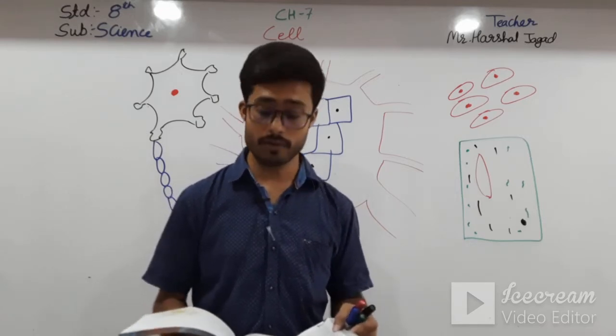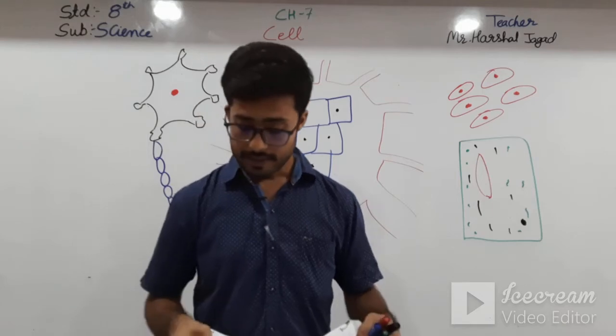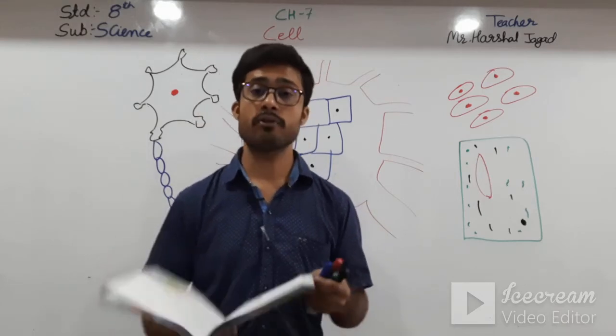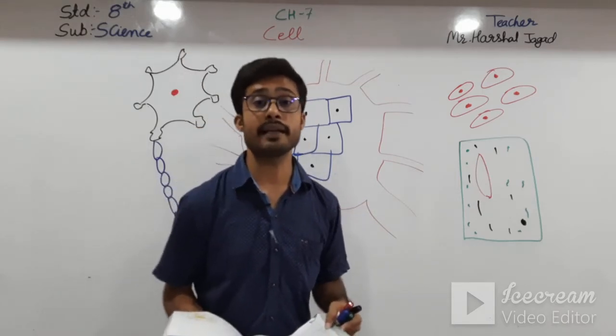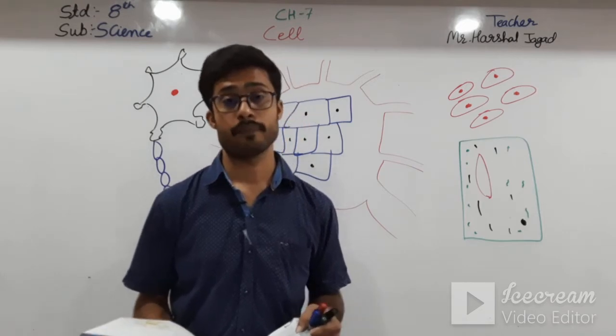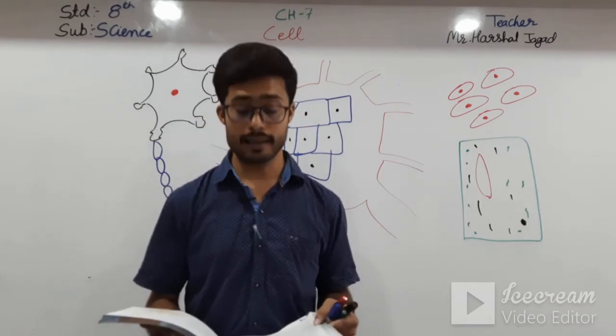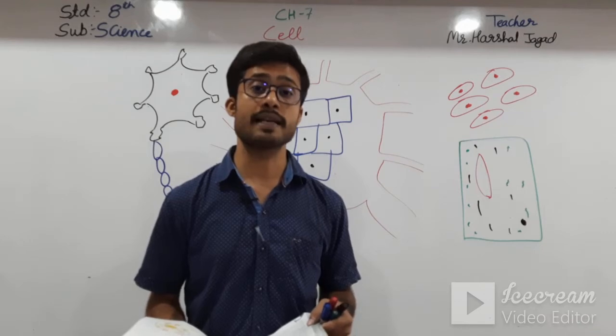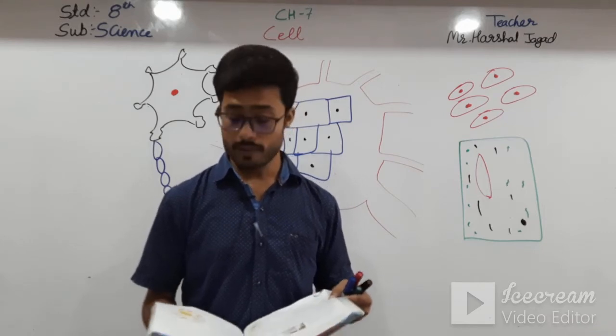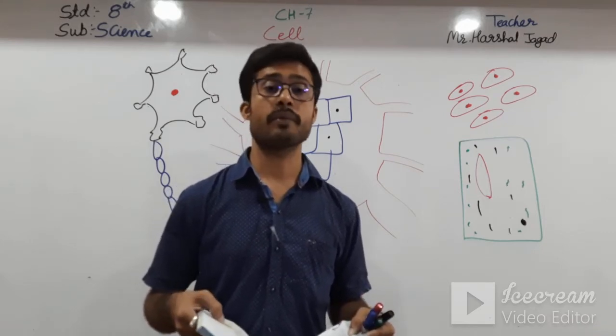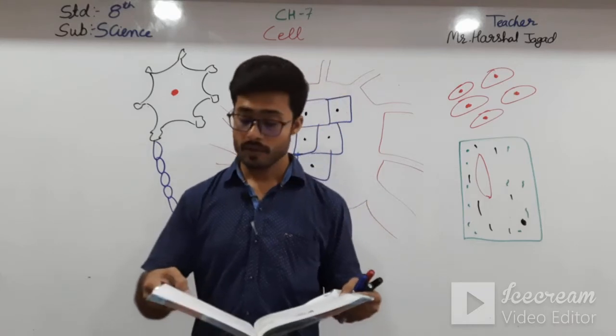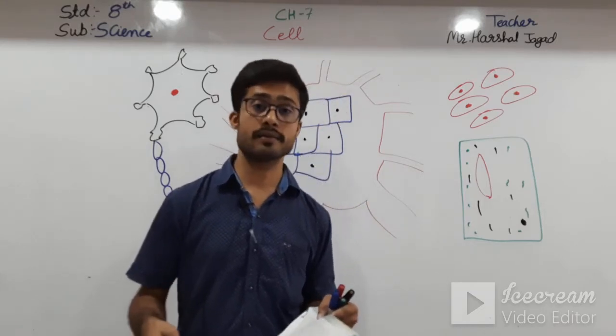First of all, draw on your own. See here, a cell is given that you have to draw in your homework as a neat and clean figure. I want it neat and clean, on A4 size blank paper. Then it will be good, and you can also use colors in it.